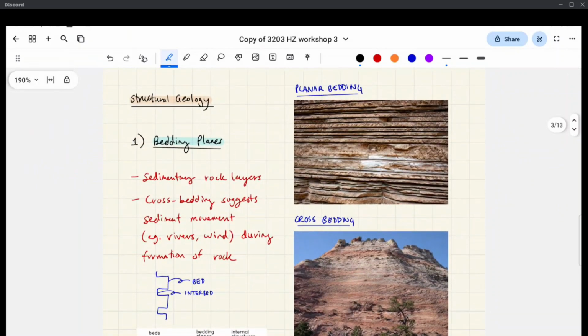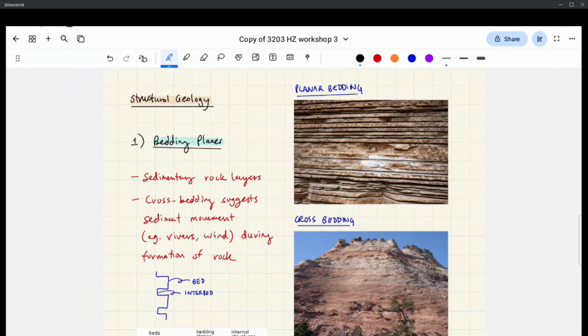The first type of feature that we're going to be talking about in structural geology is bedding planes. Bedding planes are exclusive to sedimentary rocks, firstly. So sandstone would have bedding planes, shale would have bedding planes, stuff like that.